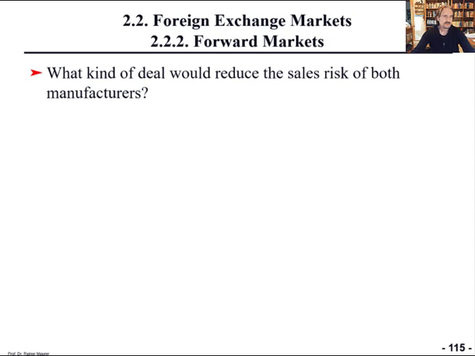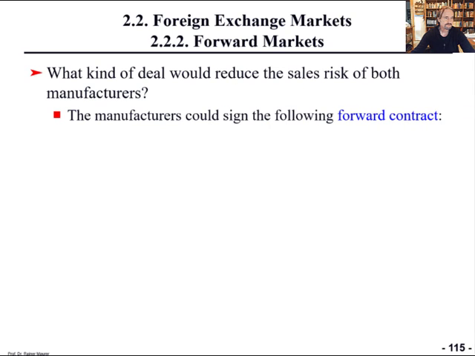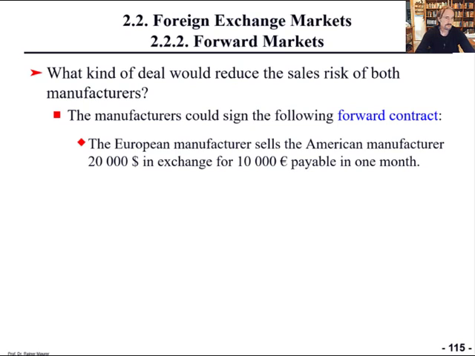What kind of deal would reduce the sales risk of both manufacturers? The manufacturers could sign the following forward contract. The European manufacturer sells the American manufacturer his $20,000 income in exchange for the 10,000 euro income of the American manufacturer.